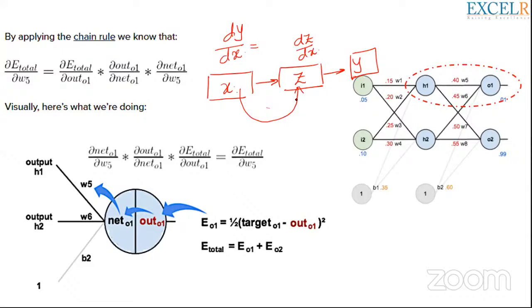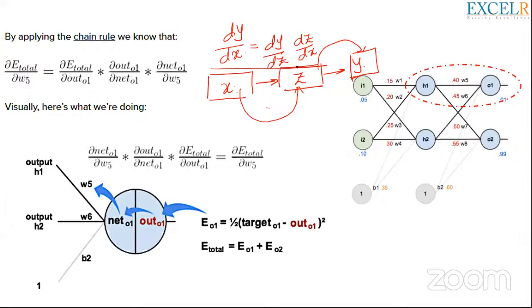What is the change in the z when you change x? Now, because there is a change in the z, that would in turn change your y. So we can capture dy by dz, that is the change in the y with respect to z. So this is called the chain rule.